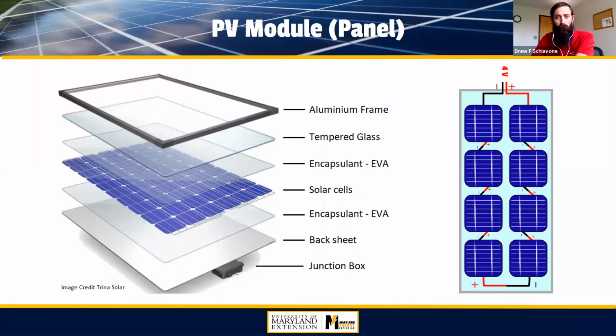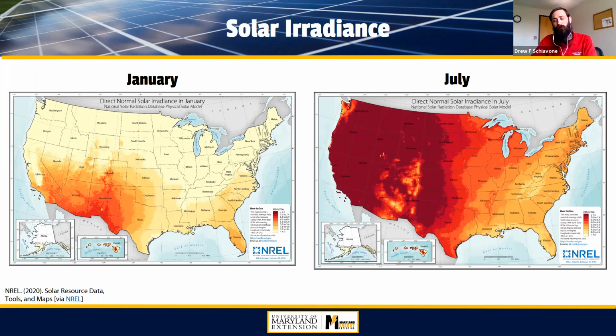Now, we'll pivot at this point and start to look at the resource that we get from the sun. As I mentioned, there's a lot of variability in the solar resource, but we need to understand how we quantify this so we can know how efficient a PV panel is. I'll share this example of the difference in solar irradiance from the winter in January to July.